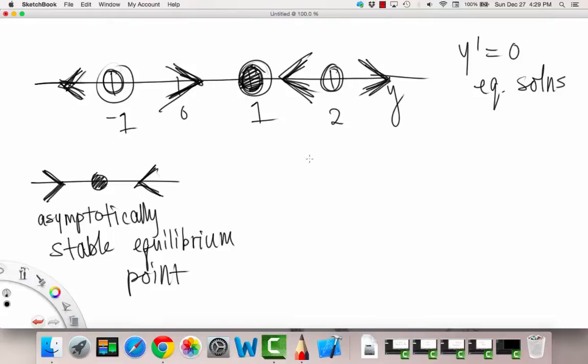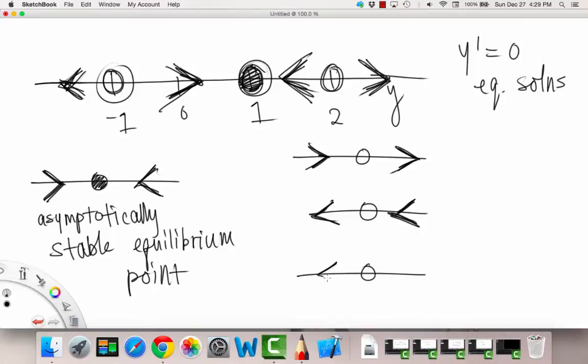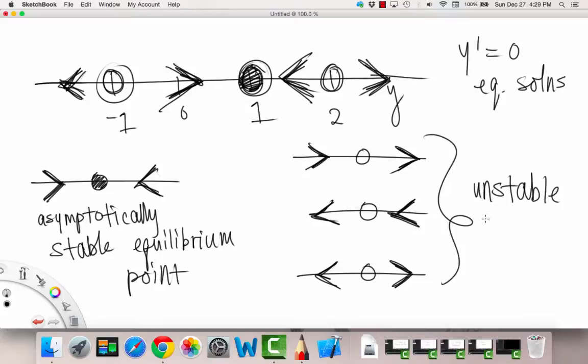And then for all the other three versions, let's say we have one pointing in and the other pointing out, or the same thing going the opposite way, one pointing in and one pointing out, and also when both arrows point away from that equilibrium point, all three of these are called unstable. They're all unstable, but they're still equilibrium points nonetheless.